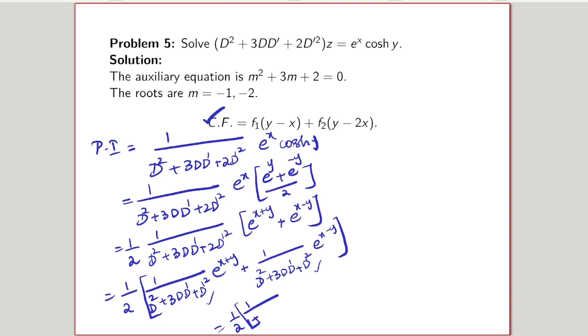1 by 1 plus 3 plus 2, e power x plus y. And then here it is plus 1 by 1 plus 3 into minus 1, that is minus 3, d dash square will be plus 1, and the 2 d dash square is 2, so here it will be plus 2, plus e power x minus y.